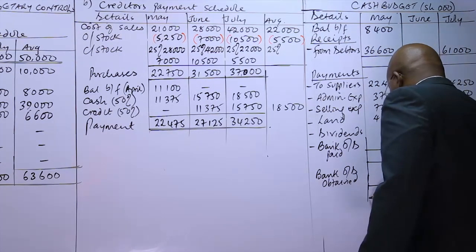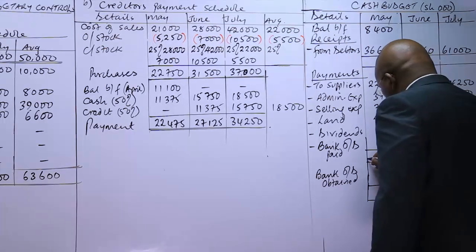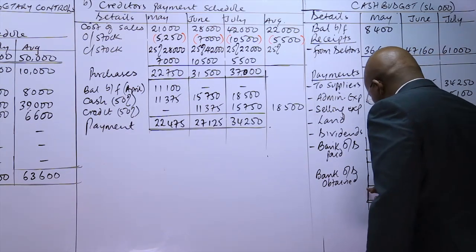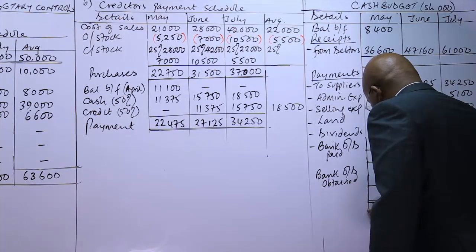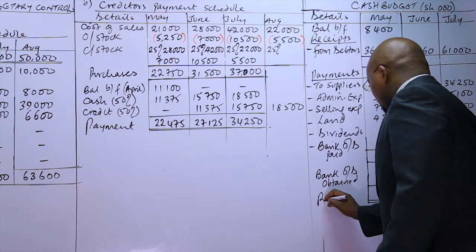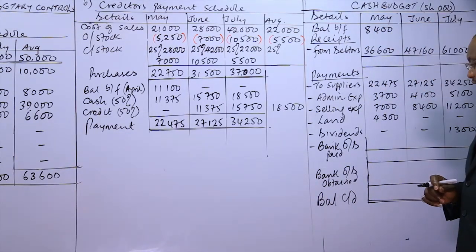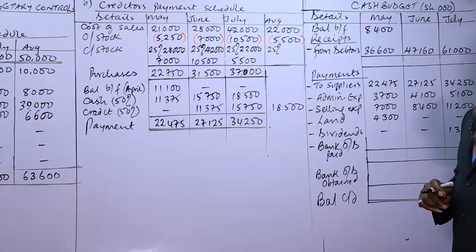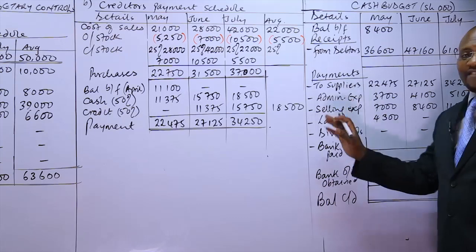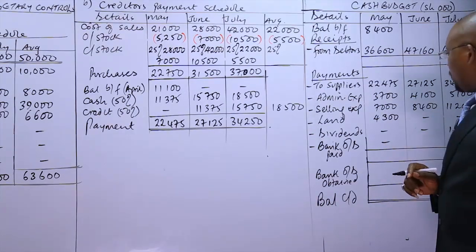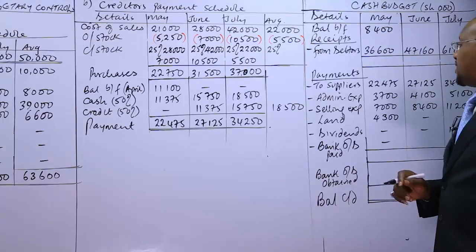Then you can have now our cash balance, so this is a balance, carried down. Now, as we begin, we are certain we had not taken any overdraft before, so you're not making any payment here. So we can now add to get the payments.